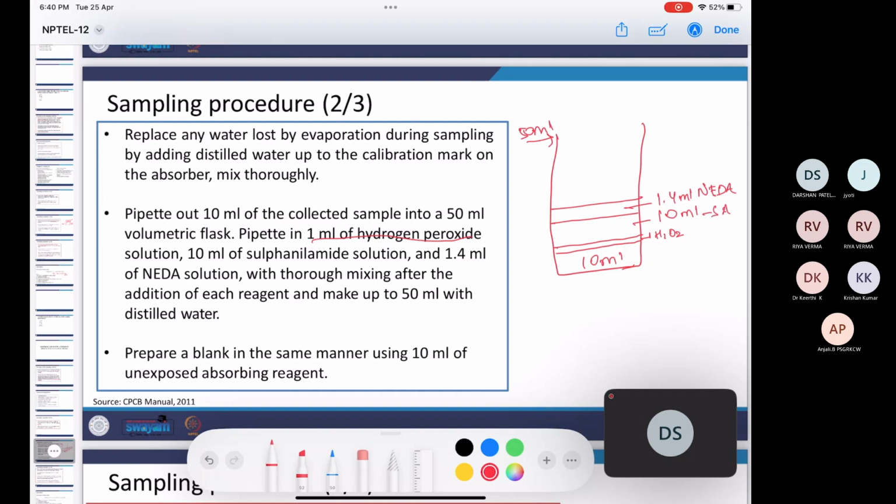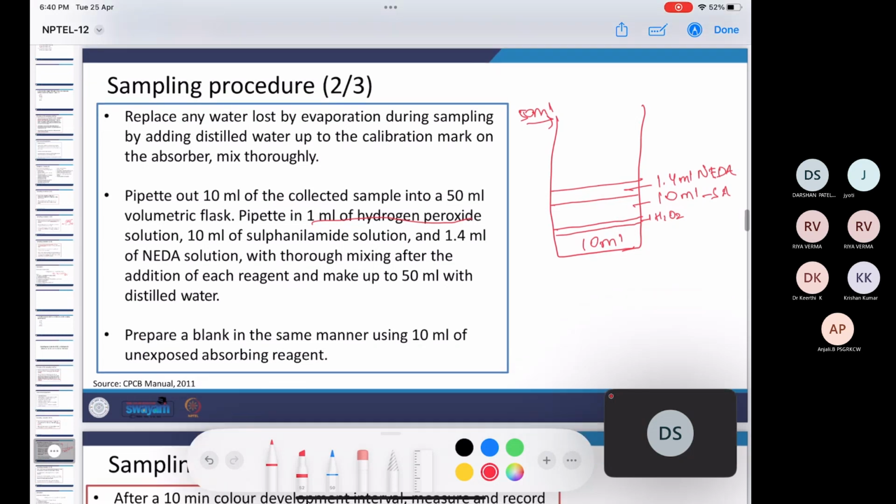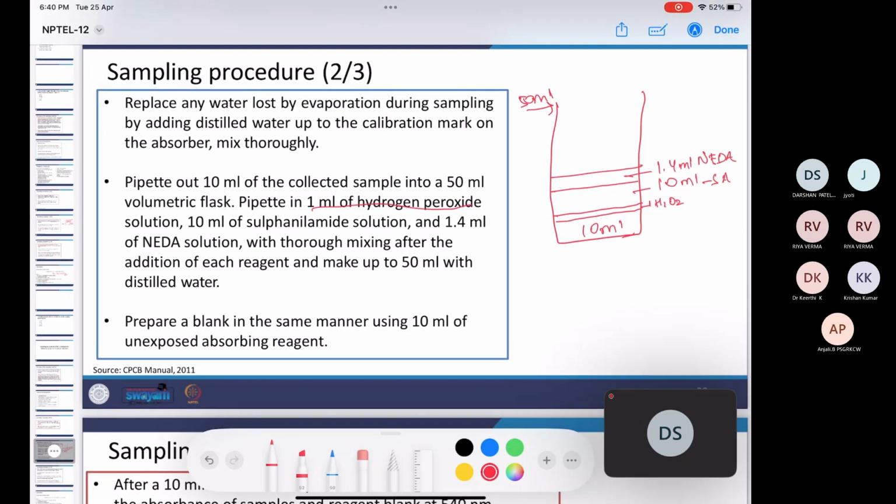With thorough mixing after the addition of each reagent, for the rest, up to your 50 ml mark, we fill this with distilled water. This is how we create the sample.